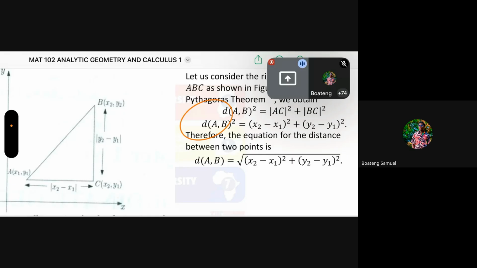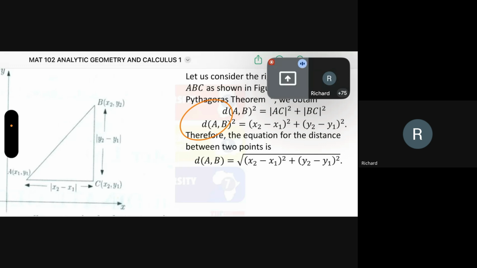Now I want to find the distance AB. So I have to take the square root on both sides to take care of the square. I hope you can see the red circle over there. Please, can you see that I've circled something? Yes, madam. Okay. So I want to find d(A, B). To take care of the squared, I take the square root of both sides.